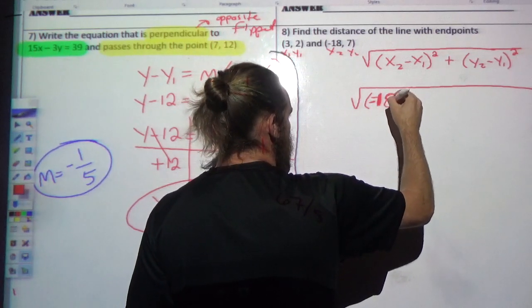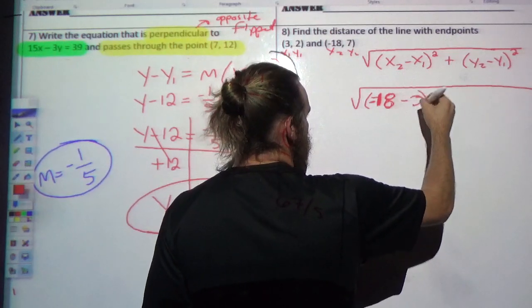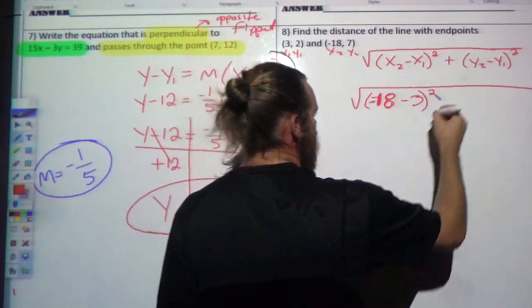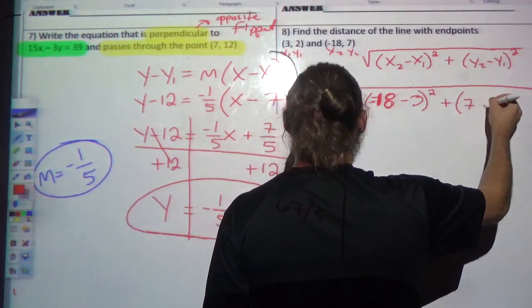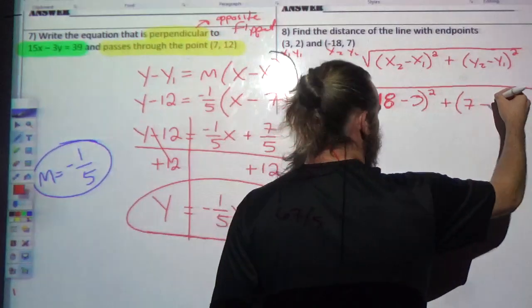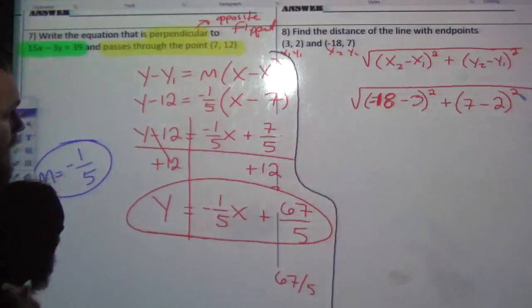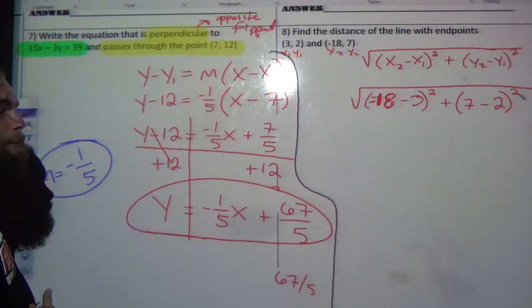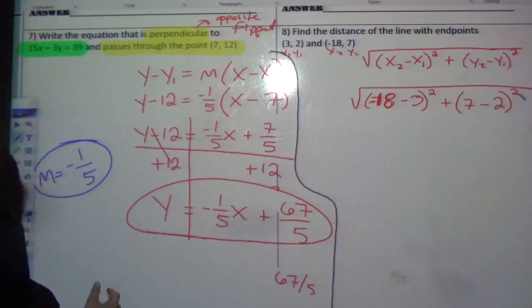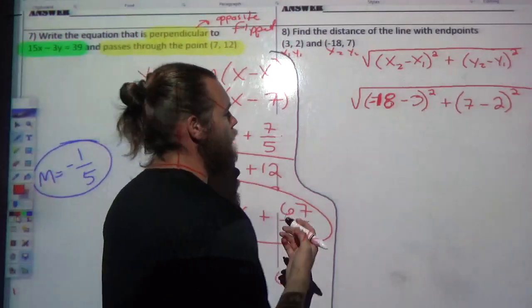Negative 18 minus 3, and that's squared, plus y2, which is 7 minus 2, squared. If you have a calculator that can do that, great, do it. But me personally, I like to do it step by step before I try to put it into a calculator, because sometimes putting in all that information you can mess up really easy.